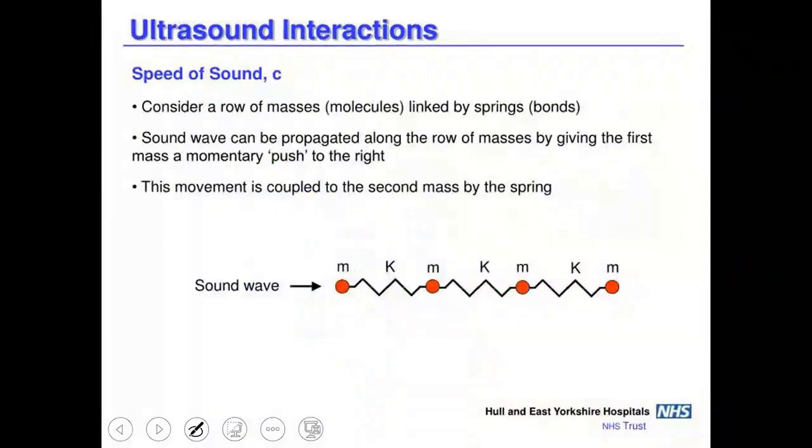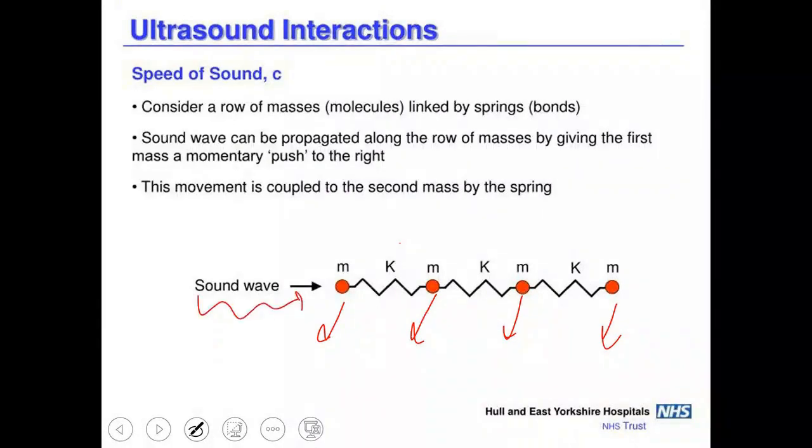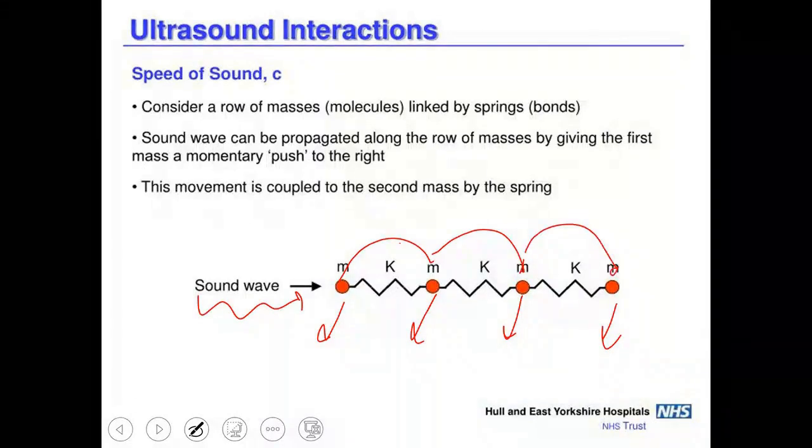Now, let's say I have, for example, this red circle which represents my atoms within a certain medium, and I have a bond that connects my molecules. Now, if I introduce a sound wave, it will travel from one molecule to the next molecule, and to the next, and to the next, and so on.